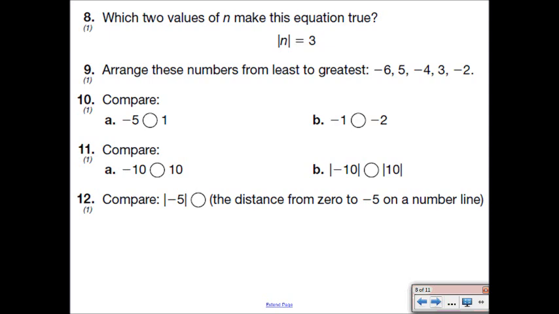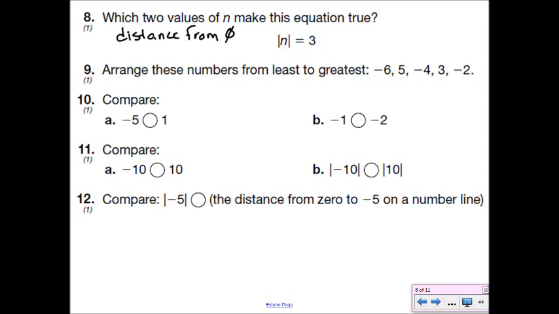Number 8 says, which two values of n make this equation true? Now, if n is in between the two lines, that means absolute value. And the definition of absolute value is how far from 0 a number is. So the distance from 0.